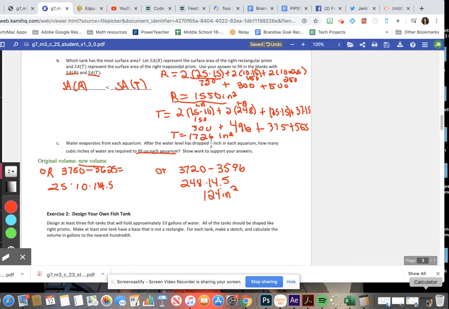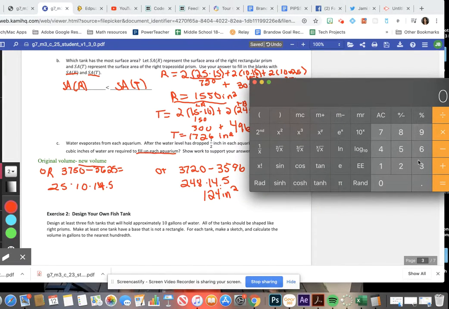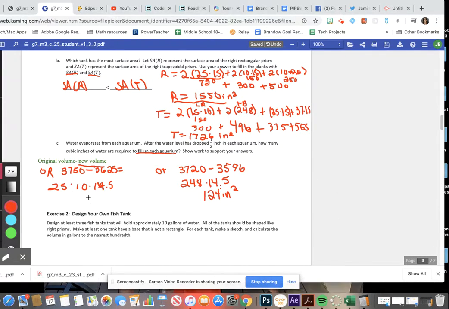And then on the rectangular, 3,750 minus the new volume, which is 3,625, is 125. So not too much difference.